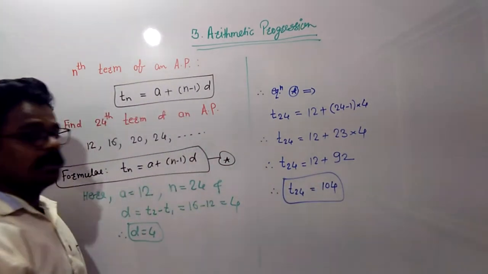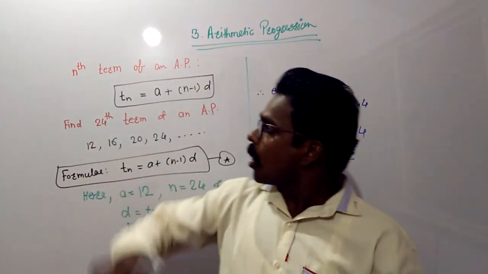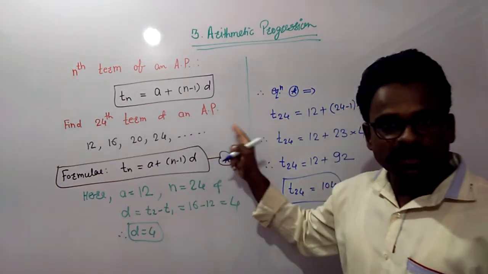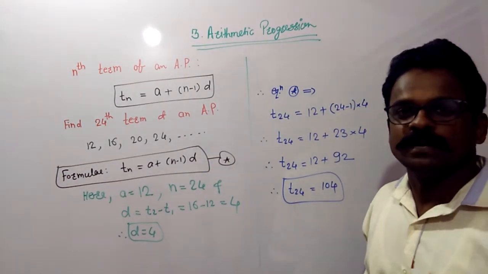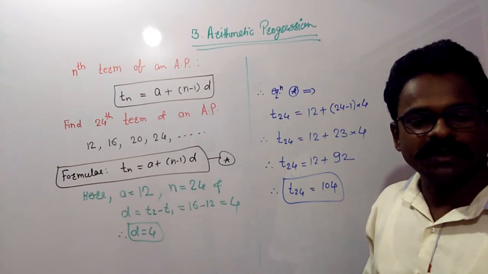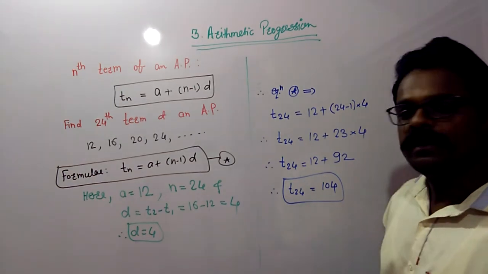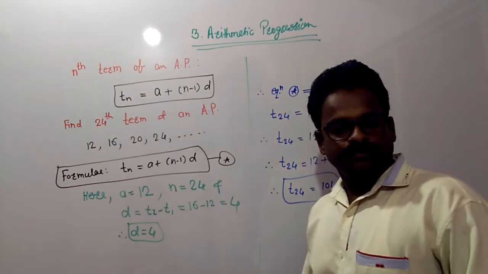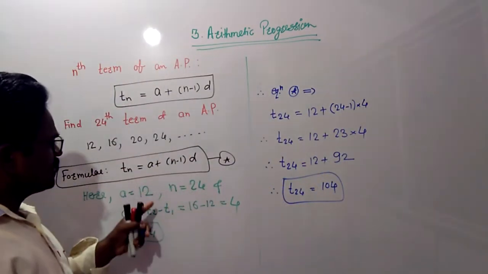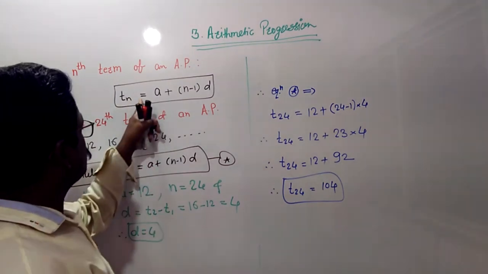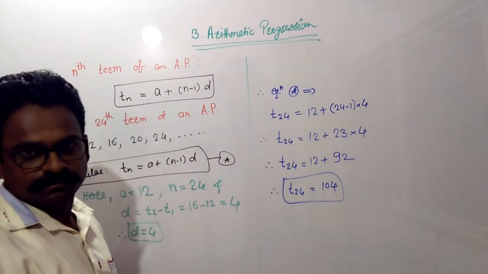This will be your answer: the 24th term of the given AP, T24, is equal to 104. Clear? This is one of the problems based on the nth term.